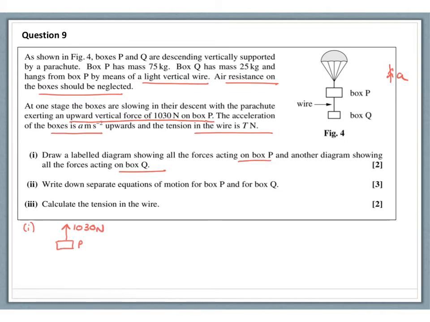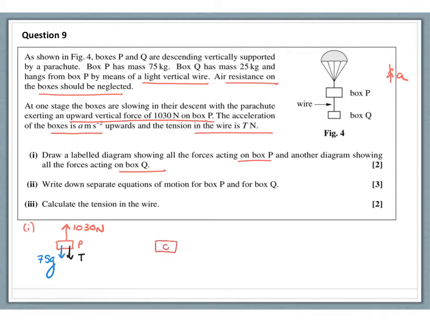Now, P has a weight of 75G, so we can include that as well. And then we also know there must be a tension in the wire like that. So we have these three forces acting on box P.